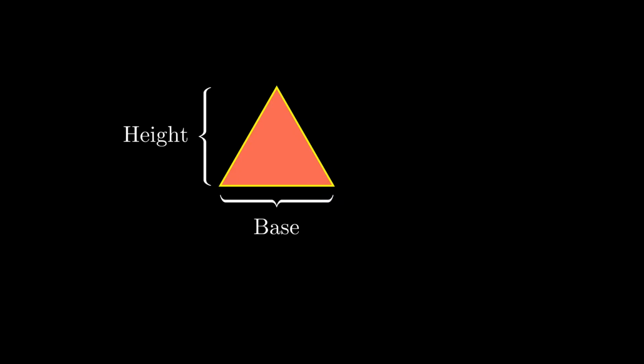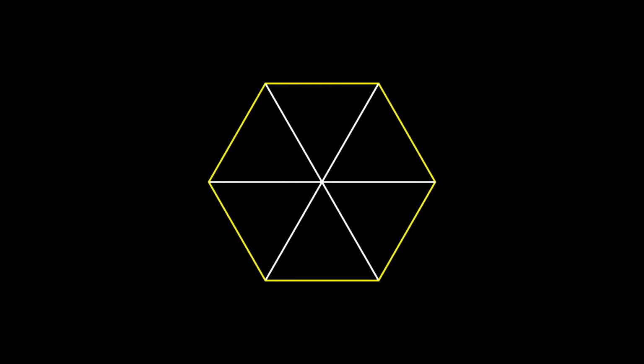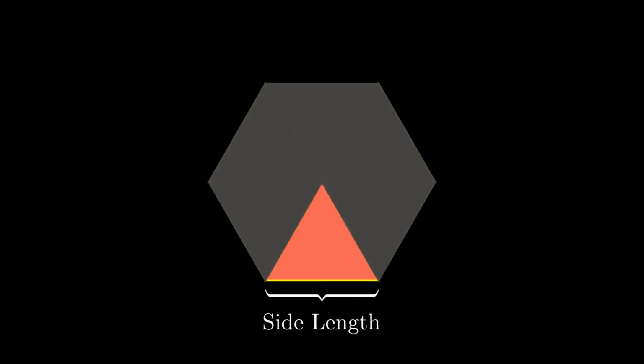Recalling what we've talked about earlier, given the base and height, we have the formula 1/2 BH. Here is where it gets interesting. When we reconstruct the hexagon, we can see that the triangle's base is the same as the side length of the hexagon. Now we have this line segment extending from the center, perpendicular to this side, which has a length equal to the height of this triangle.